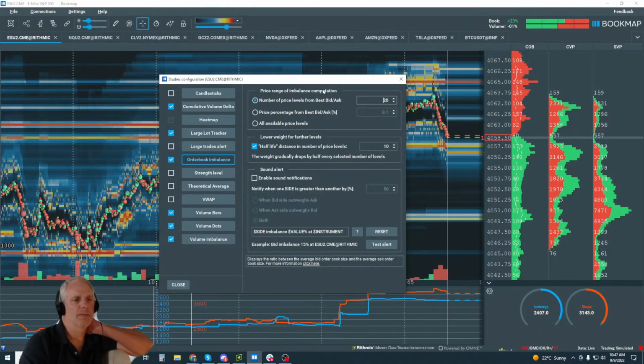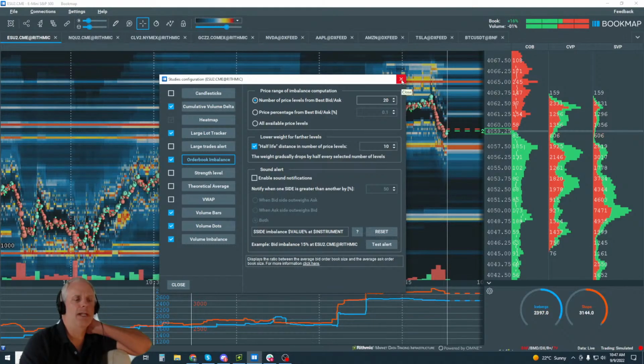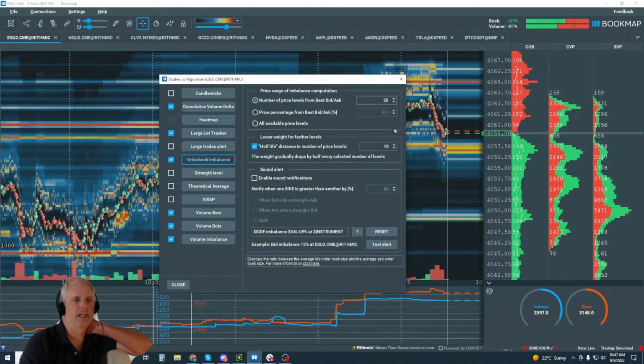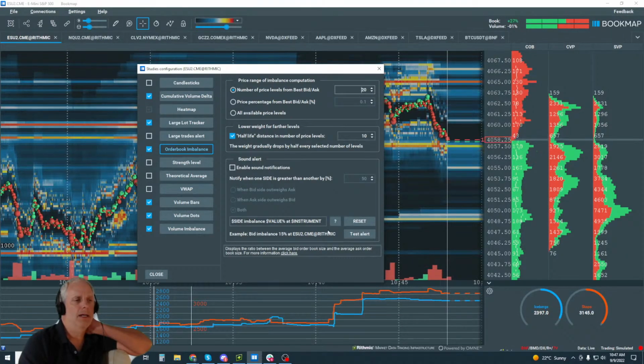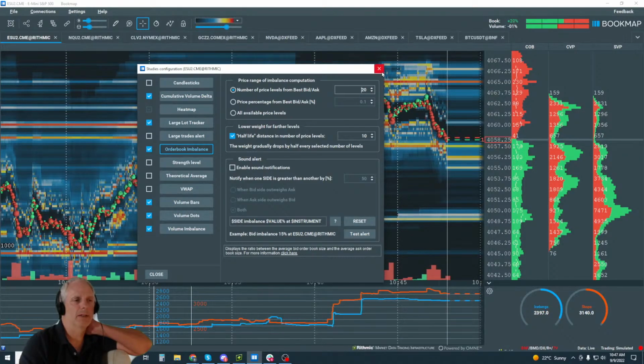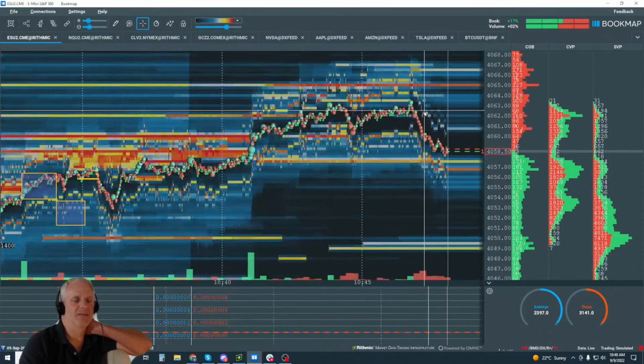The first 10 will be weighted twice as important compared to the next 10 of the 20 levels in the entire calculation. So play around with it, and then you have sound alerts in here too, to look for imbalances. Be careful with this, so you know where your alerts are coming from.